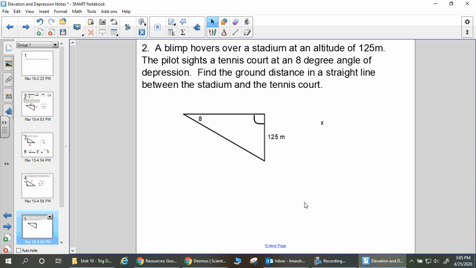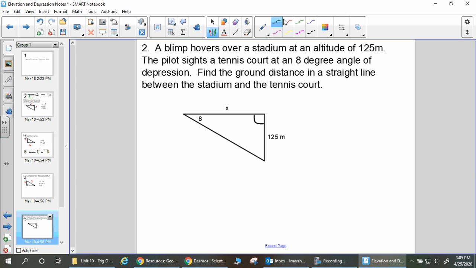We measure height straight up and down. Find the ground distance. Well, where's the ground in a picture like this? The ground would be down here. Again, how I measure horizontally is the same on the ground as it would be in the sky. The idea is the blimp is hovering over one item, and then over here is the other. So how far apart are they?